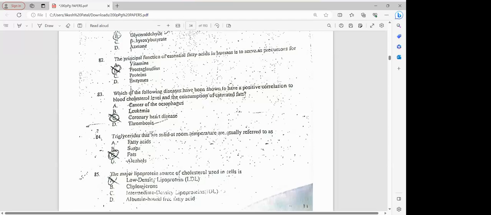So I'm saying prostaglandins is a hormone. I'm seeing somewhere that they are essential for making vitamins, cofactors, and also prostaglandins, thromboxanes, lipoxins are in the list. So I don't know if it's vitamins or prostaglandins.